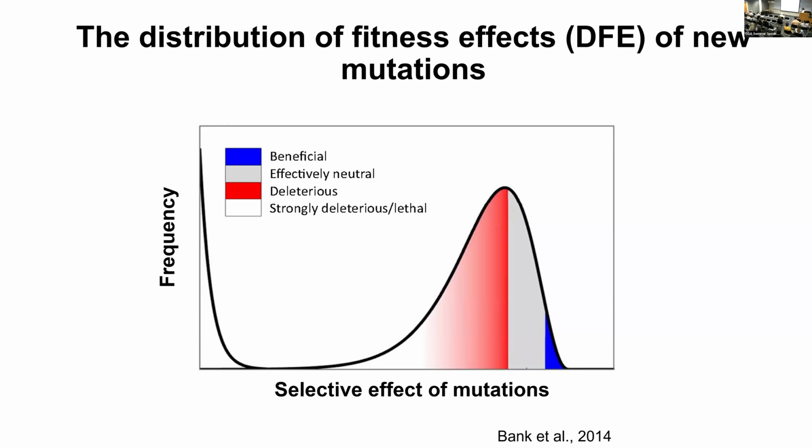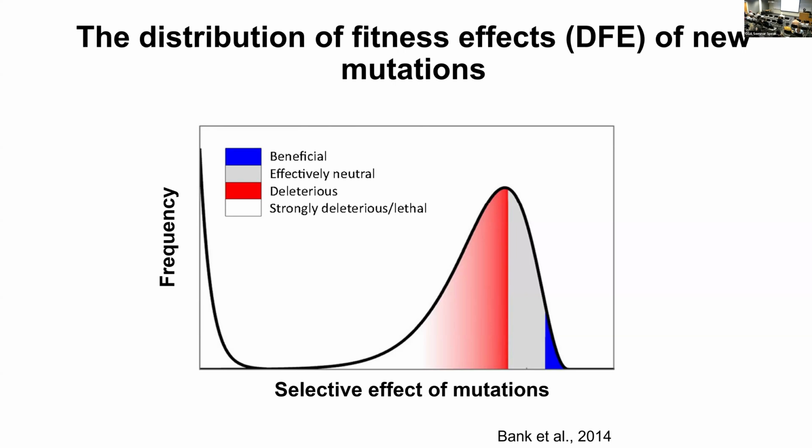There's usually a decent number of effectively neutral or mild to moderately deleterious mutations. There's some debate, but we think that almost 50% of mutations are very strongly deleterious as well. And then it's only a fraction that are beneficial mutations that enter into the population.